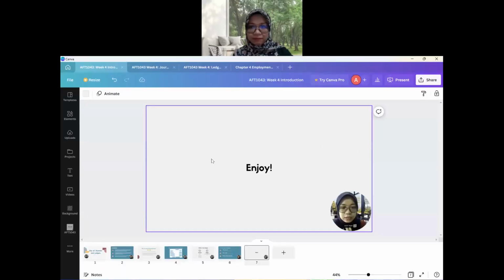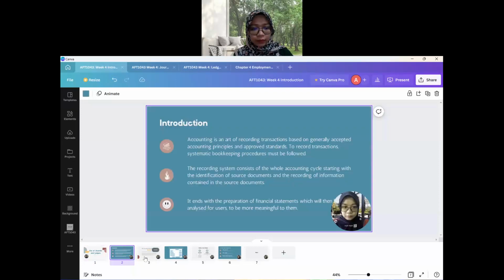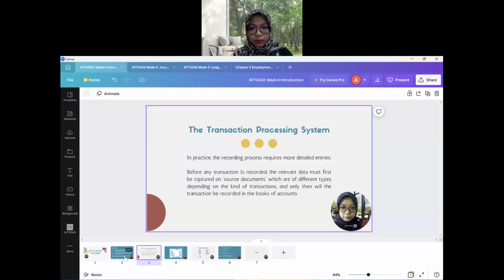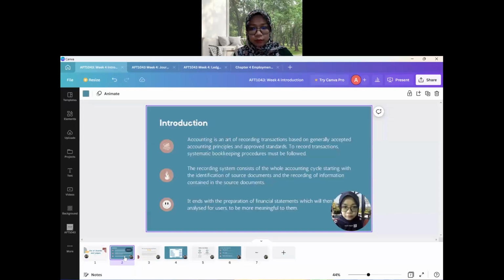Okay, in this topic, I've divided into two parts lah. Okay, kita ada journal dan kita ada ledger part. But this topic is about what is actually in practice. Okay, kalau sebelum ni kita belajar the journal entry, cuma the general journal part.